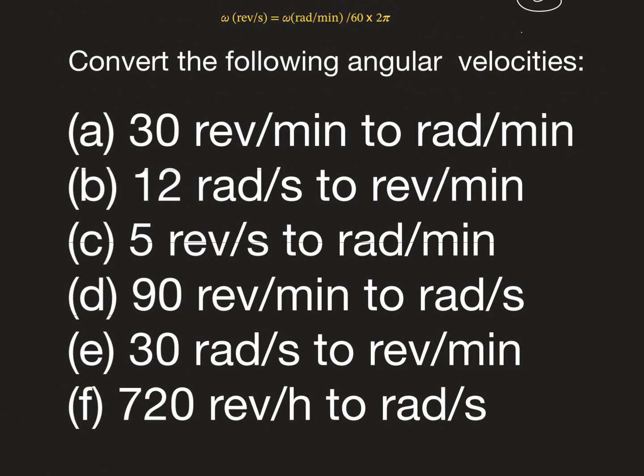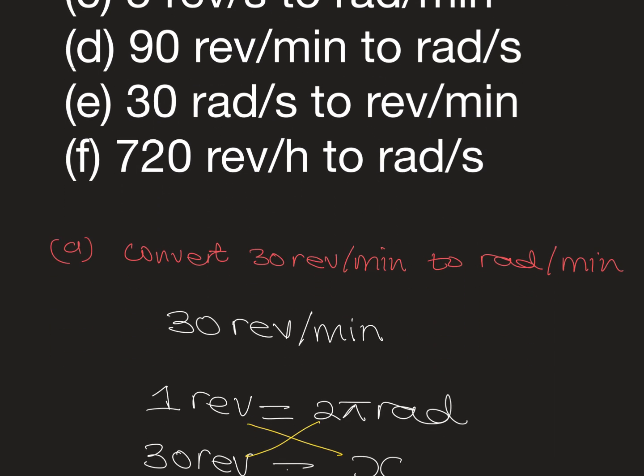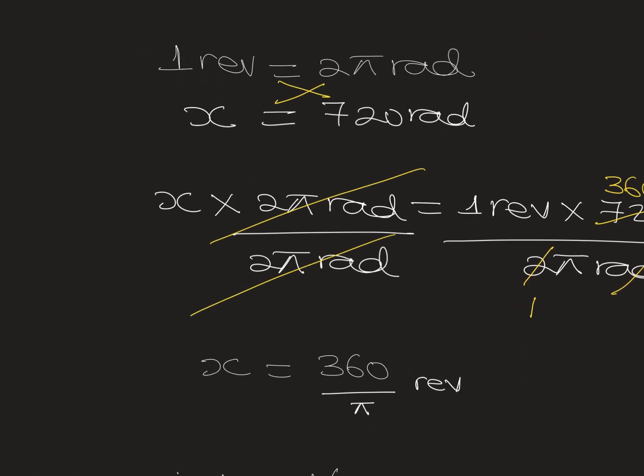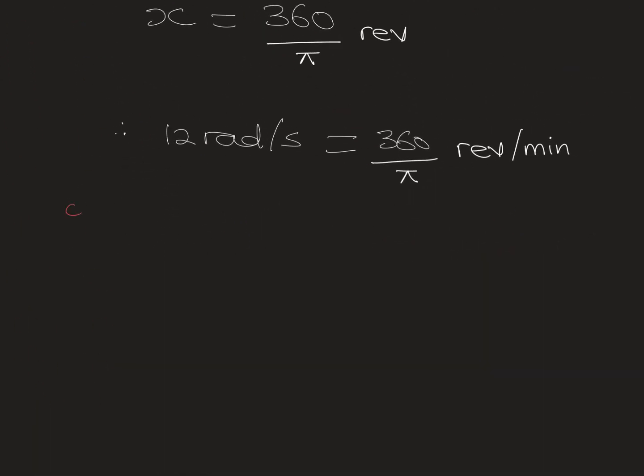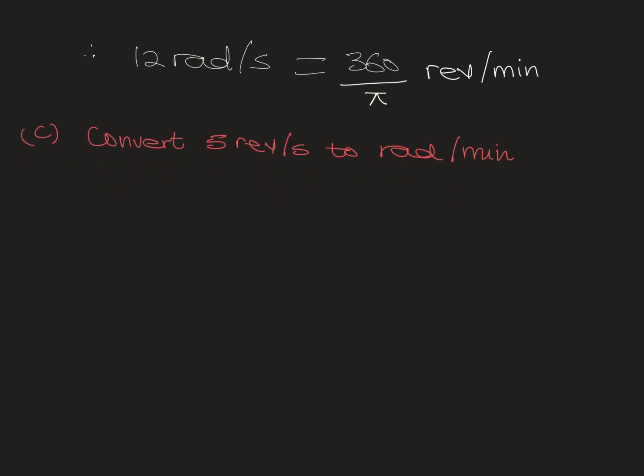Question C, we want to convert 5 revolutions per second to radians per minute. So we have 5 revolutions per second, and we want to convert it to radians per minute.